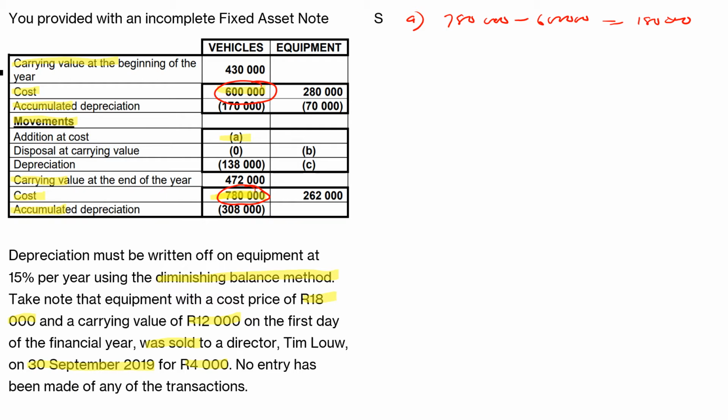For instance, if you want to prove it here, the total movements here will be 138,000. That's negative, right?